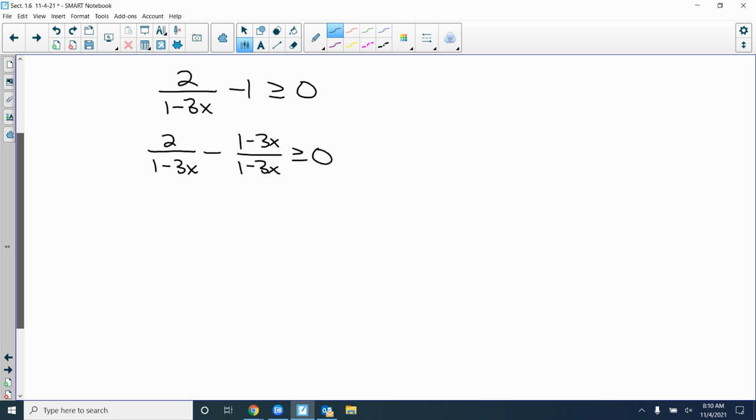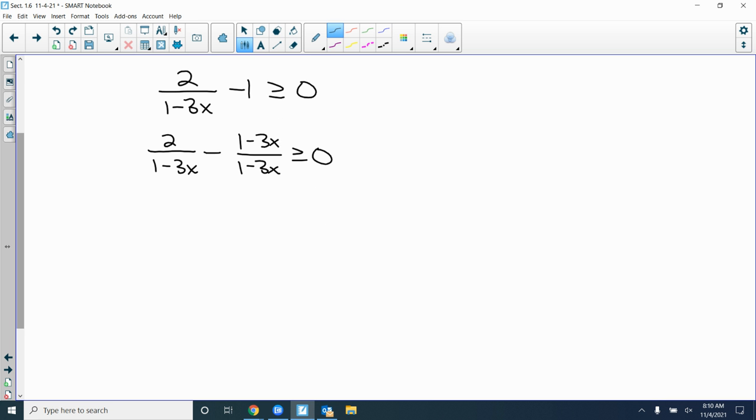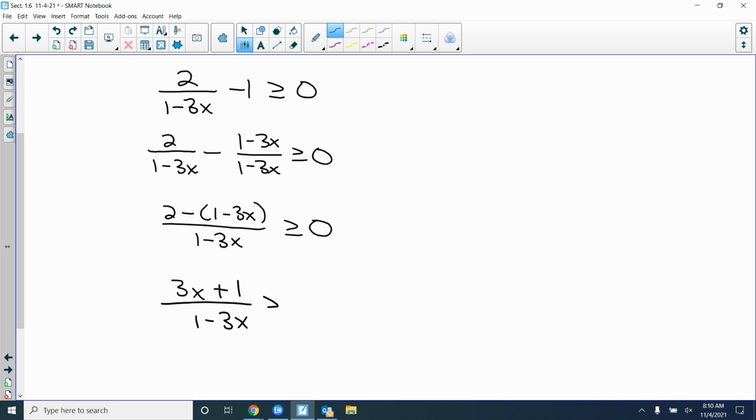But remember, if you have a minus in front of a quantity, this is how you treat it: 2 minus the quantity 1 minus 3x, all over 1 minus 3x. And so what do I end up with there? I end up with positive 3x plus 1 over 1 minus 3x, greater than or equal to 0.